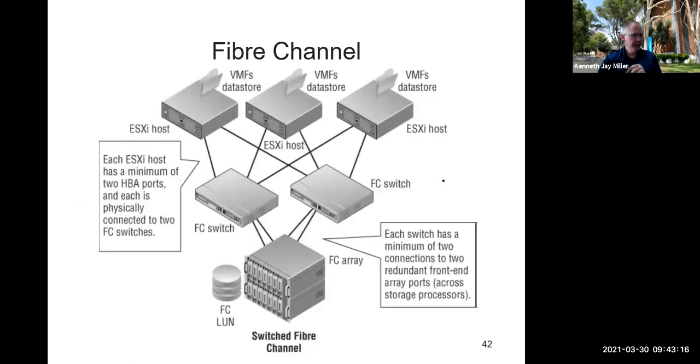So that's going to look like this. With the switched mode, now notice my 2 switches. So here's switch 1, here's switch 2. These are fiber optic Fibre Channel switches. So these are specialized switches. And then all these cables that are connected are fiber optic cables that are designed to communicate.